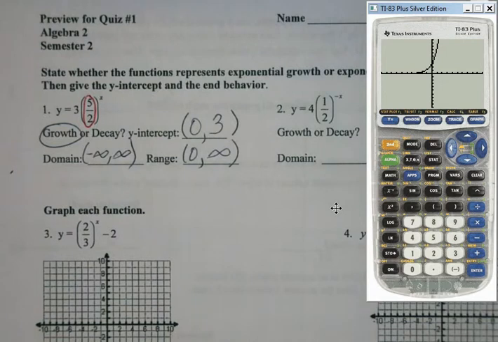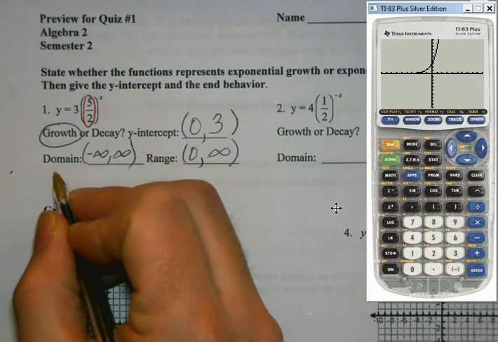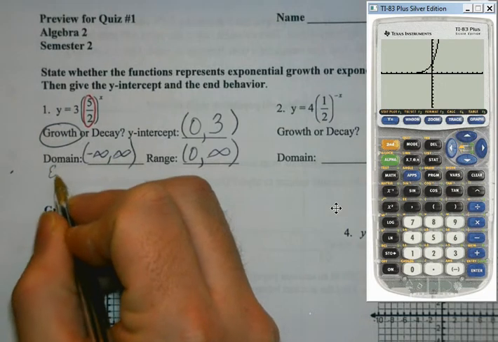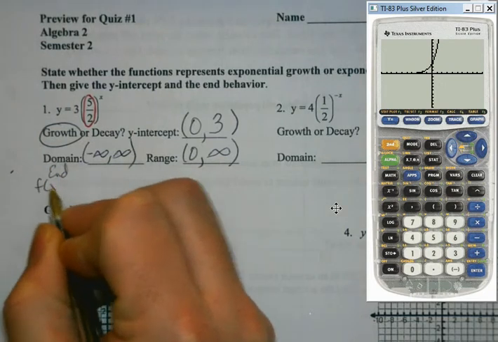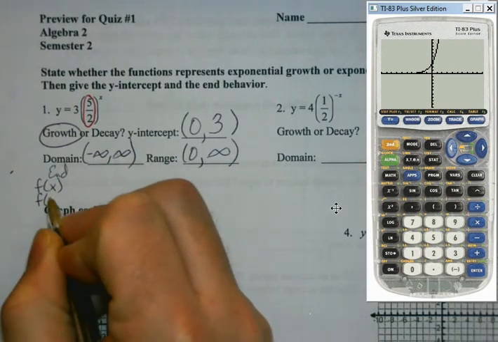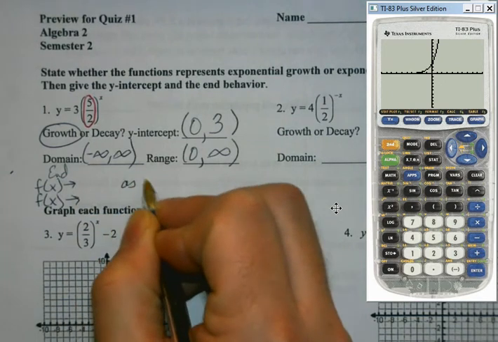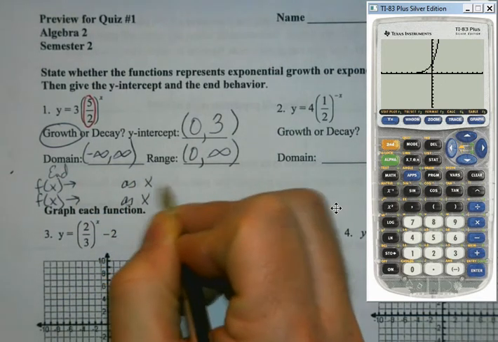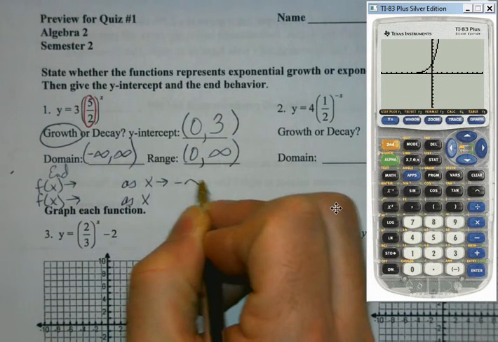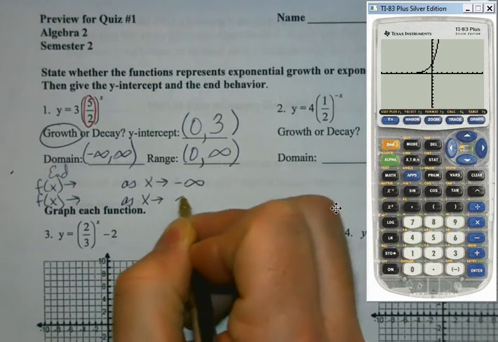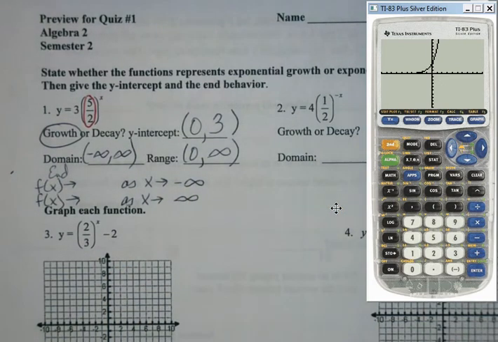So we're like, all right. And then end behavior. I don't know why I didn't put one of these in here, but this is again where we get into f of x approaching things, and when I'm working with these, I need one of my x's to approach negative infinity and one of them to approach positive.